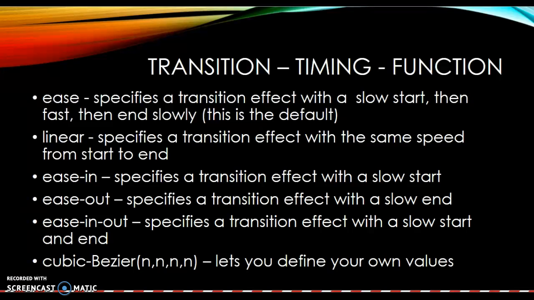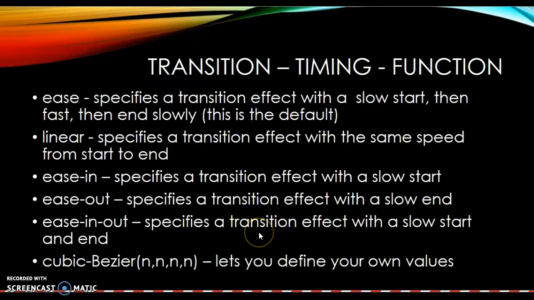There's also the linear, which has the same speed from start to end, and ease in, which has a slow start, and ease out with a slow end, and ease in and out, which has a slow start, goes normal speed, and then slows at the end.